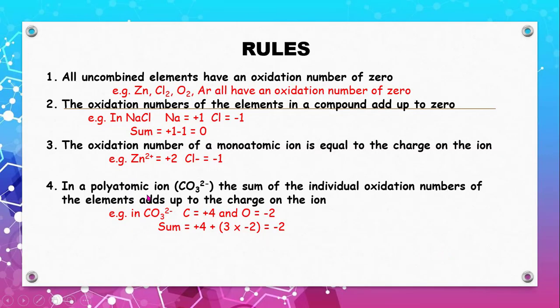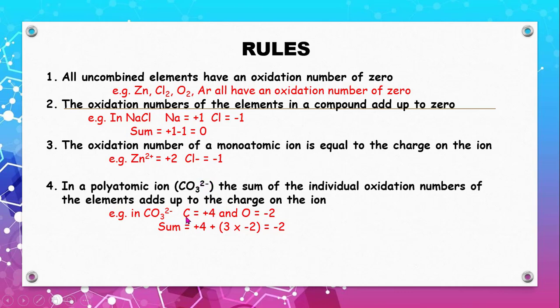Now in a polyatomic ion such as carbonate, the sum of the individual oxidation numbers of the elements adds up to the charge on the ion. So carbonate, we're going to add up the individual oxidation states, and it's going to be equal to the charge, which is -2.